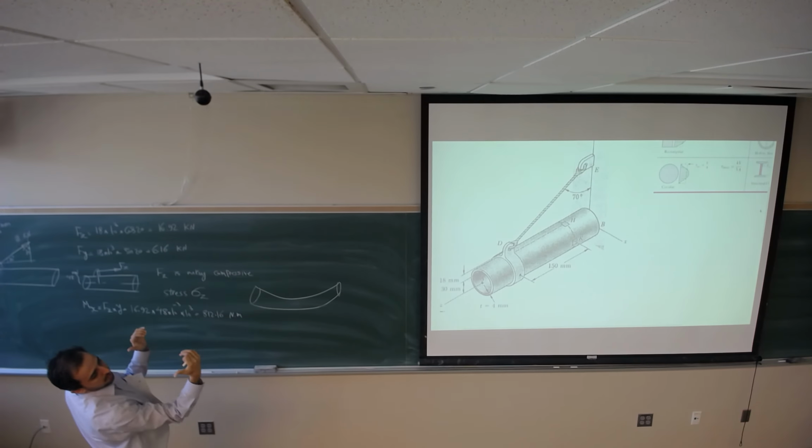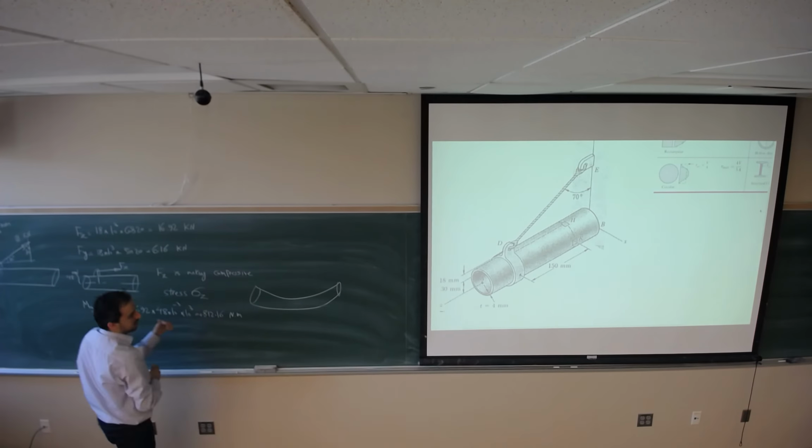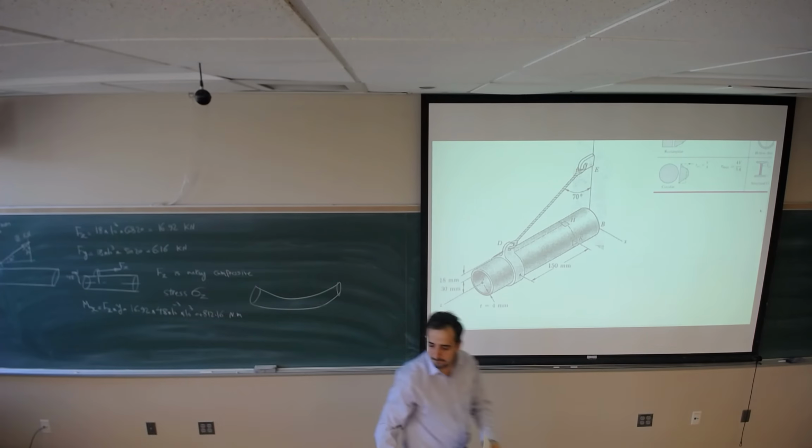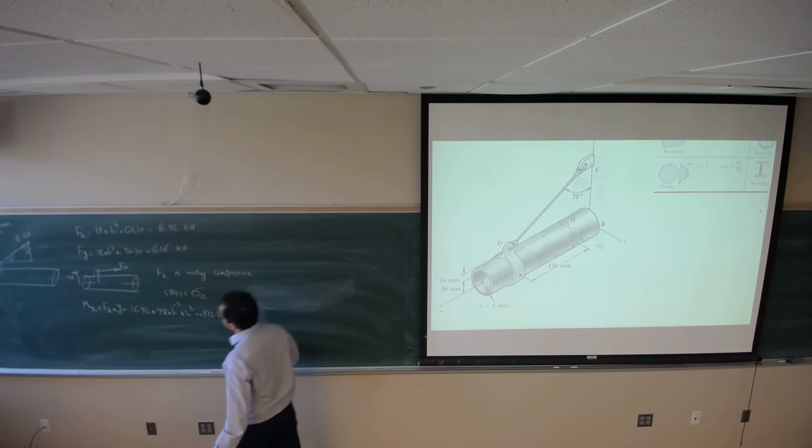Your thumb is going to show you the direction of the moment. It's going to be in the positive x. So I'm just putting positive, just in case you are looking for the sign of the moment. And now tell me which section is going to be the critical section based on this.